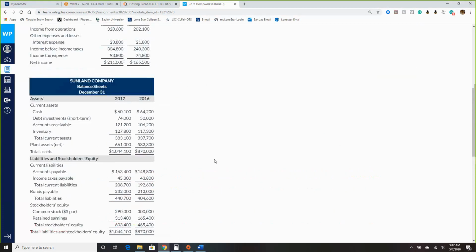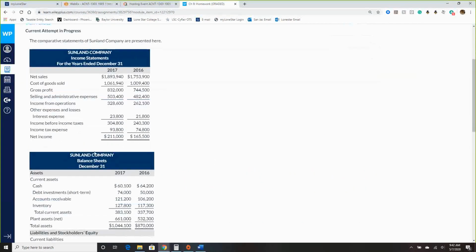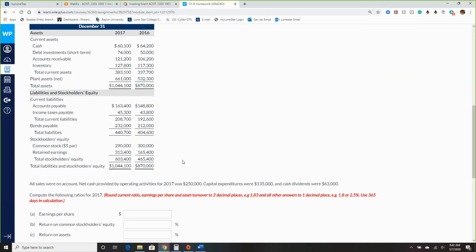Okay. So, nice little thing is that they do give us comparatives, so we do have to do some averages. So, first thing, let's find the average. And we're looking at common stock or common shares outstanding.